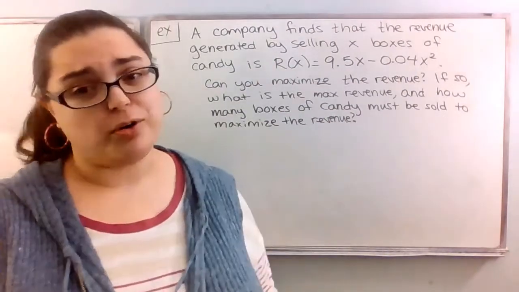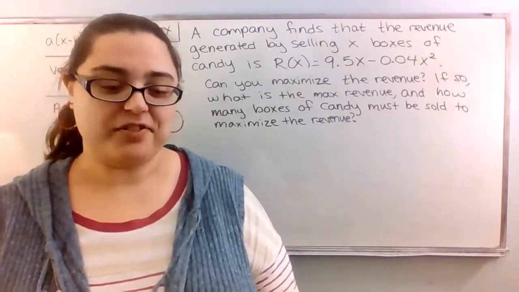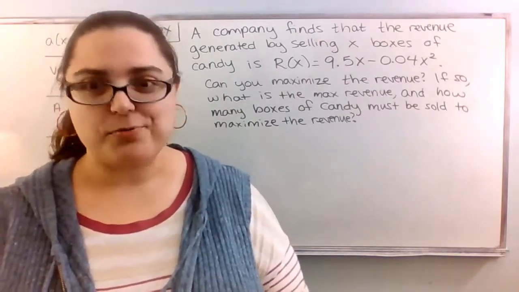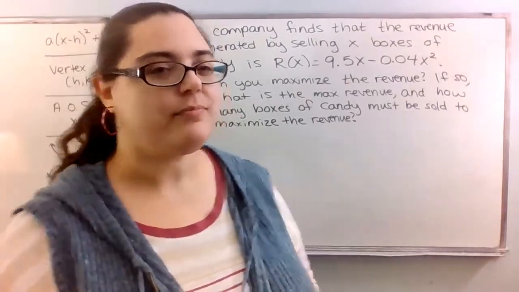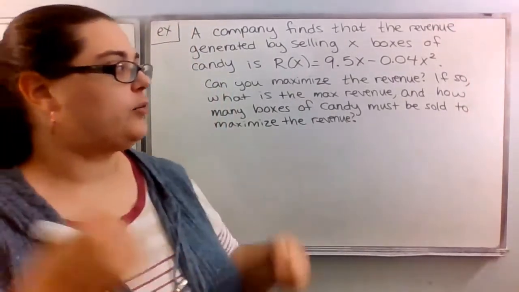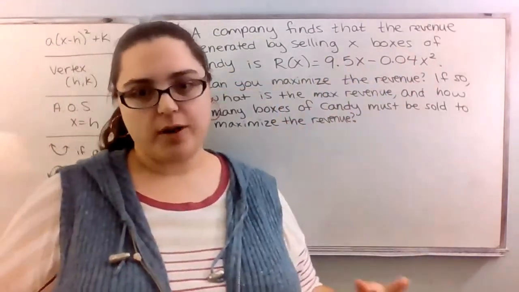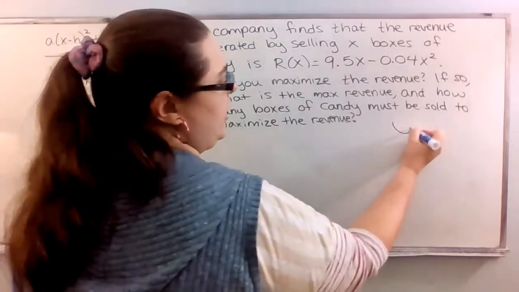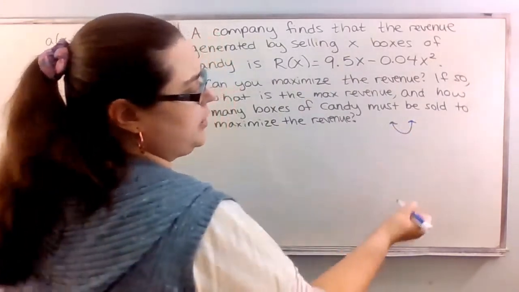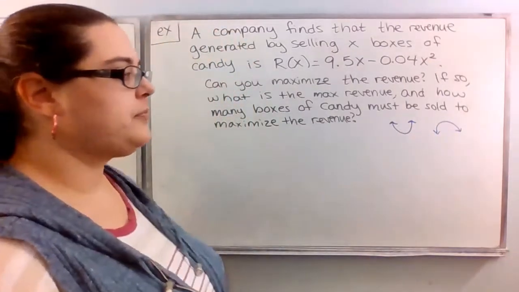So this is a very short question if we can't maximize the revenue. So I'm going to guess we can for this one, but let's see why mathematically we'll be able to do that. So this is a quadratic function. So when you have a quadratic function, there are one of 2 graphs that can happen, right? We can have a smiling parabola, or we can have a frowning parabola.